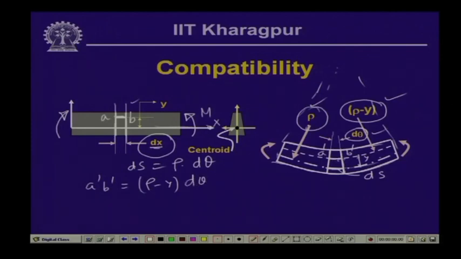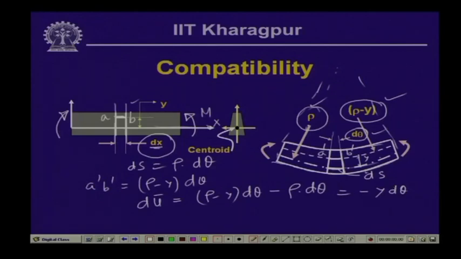So, the change in the length that occurs, the deformation, if we call this say du bar, is equal to (rho minus y) d theta, this is the final length, minus the original length which is rho d theta. This is the deformation, where rho d theta gets cancelled. So, this is minus y d theta.